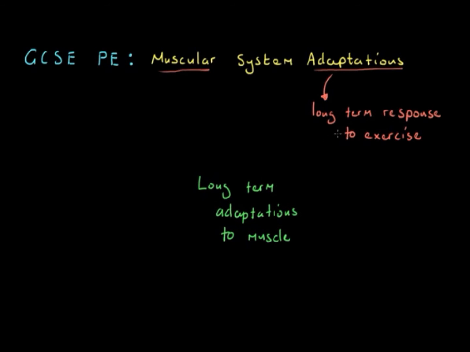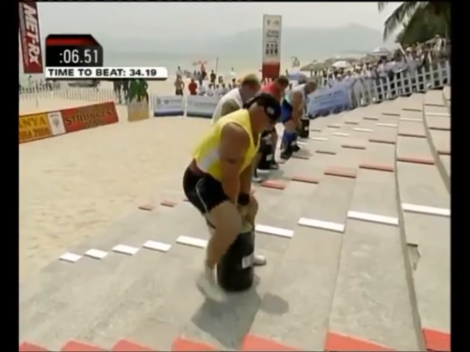One of the first adaptations we're going to look at, and one of the most obvious, is an increase in strength. We know after we train, our muscles rebuild bigger and stronger than they did before. We also know from recent lessons that our diet helps with this. Things like protein help repair the muscles. If we look at this video here, we see this man is very strong.